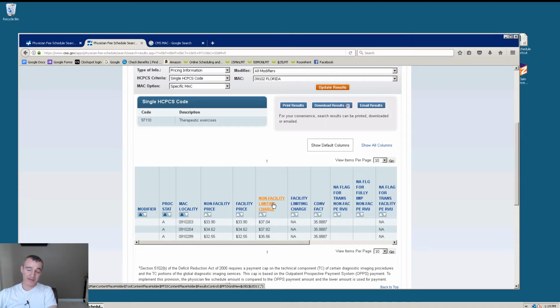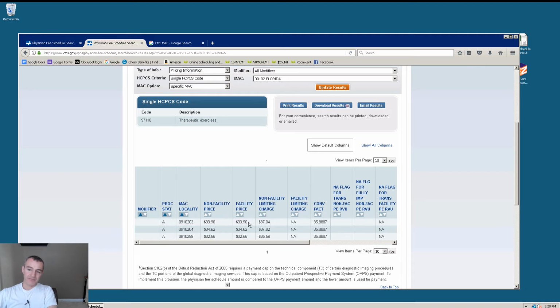Your limiting charge, if I remember correctly, is what a non-participating provider who is registered can charge higher than the allowed amount. But anyway, if you're a participating provider with Medicare, you're going to get reimbursed a percentage of the facility price.